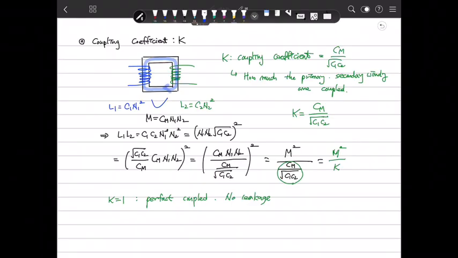In other words, K is 0 means no coupling, 100% leakage. That means there is no relationship between L1 and L2.